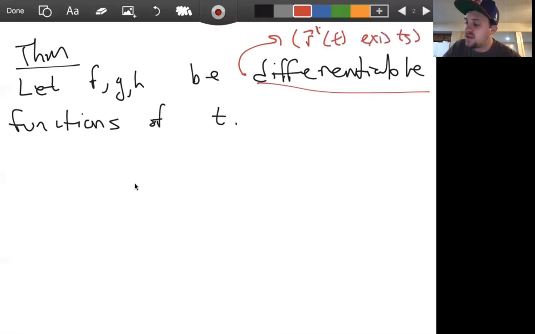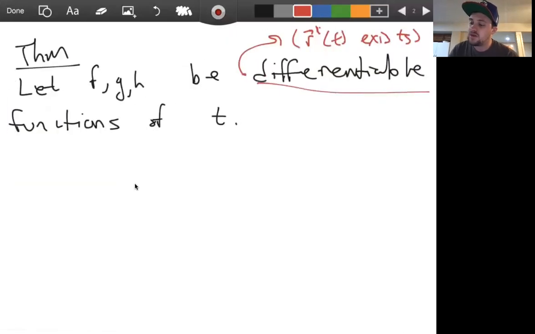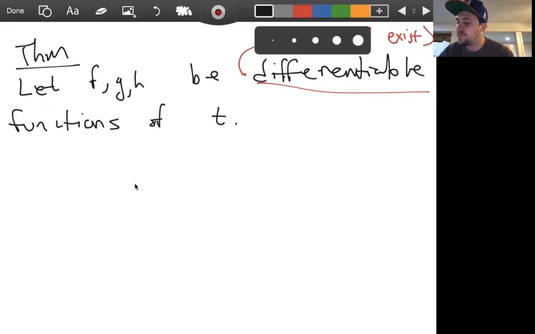So that's what I mean by differentiable in the setting of vector valued functions. I mean that f prime, g prime, and h prime exist, right? And so if I say that a function is differentiable, intuitively what I'm saying is the derivative exists.